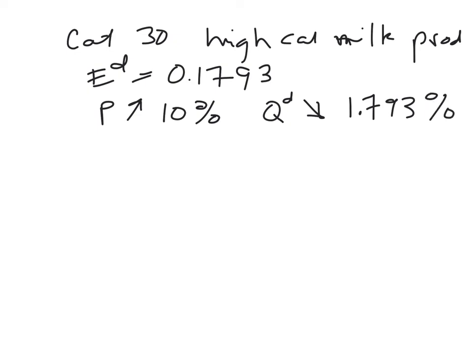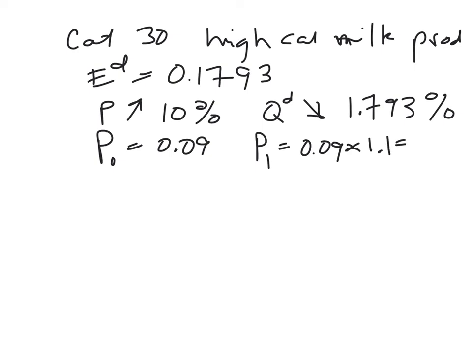So now we're going to do what we did before. The original price was equal to 0.09. That means the new price is going to be equal to 0.09 times 1.1, which is going to equal 0.099. The original quantity, again, I've got to back it out of the information on total expenditure.